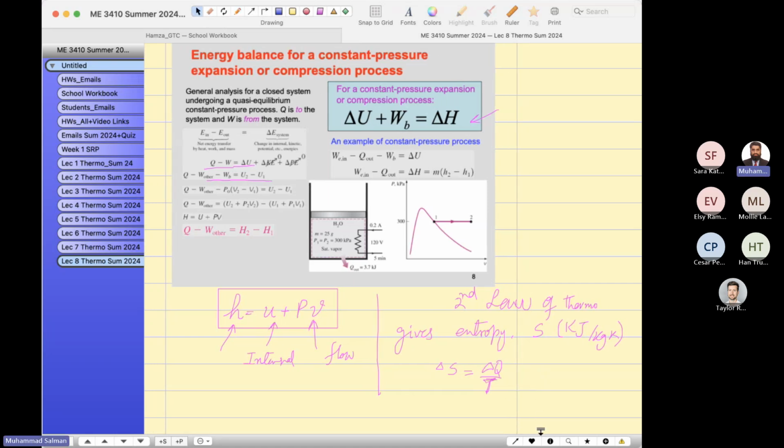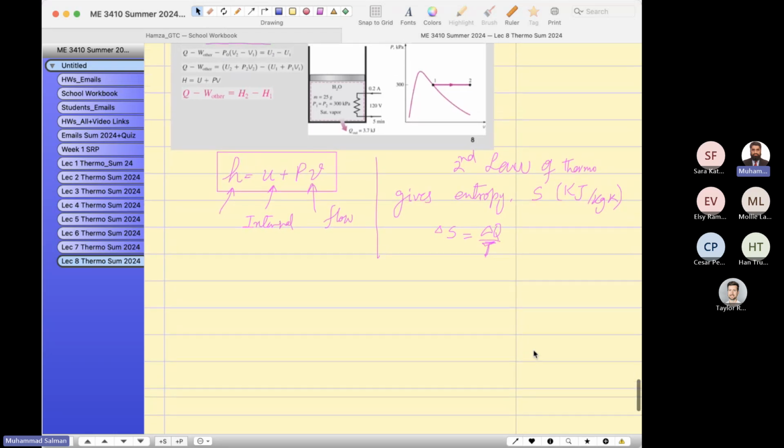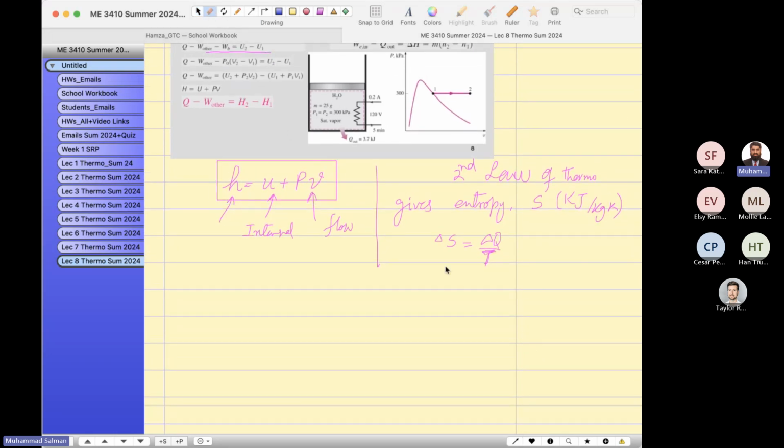I'm just throwing it out early, but the second law gives us a property named entropy. The first law gives us a property named enthalpy. I have written both formulas in front of you. Enthalpy equals U plus PV. Change in entropy equals the heat supplied or heat exhausted divided by the Kelvin scale temperature.